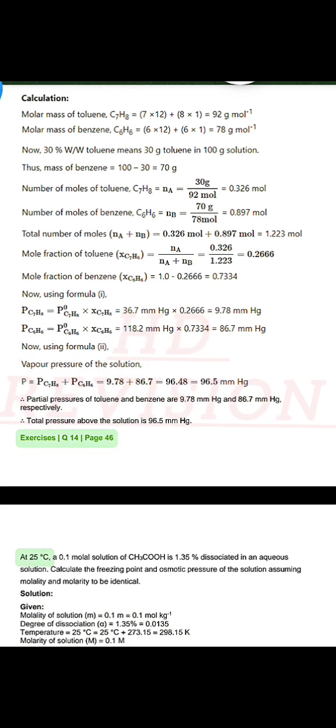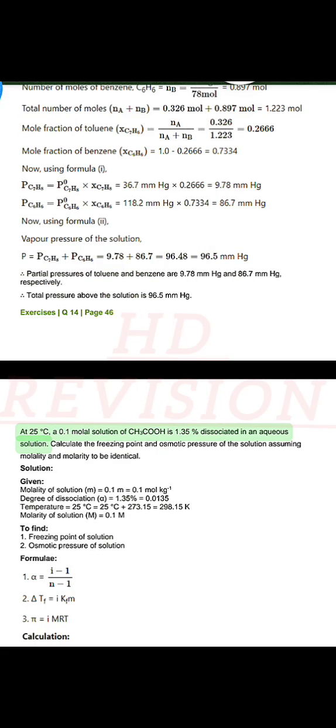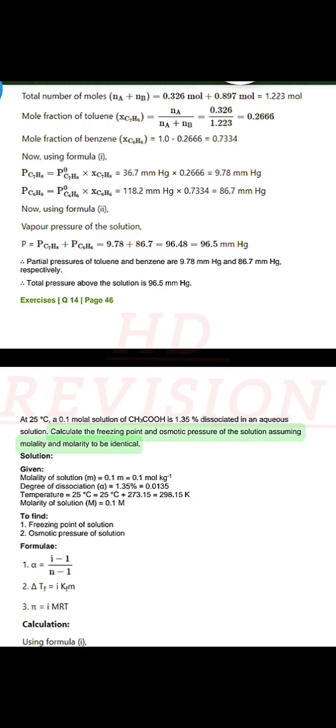Exercises Q14 page 46. At 25 degrees Celsius, a 0.1 molar solution of CH3COOH is 1.35% dissociated in an aqueous solution. Calculate the freezing point and osmotic pressure of the solution assuming molality and molarity to be identical. Solution.